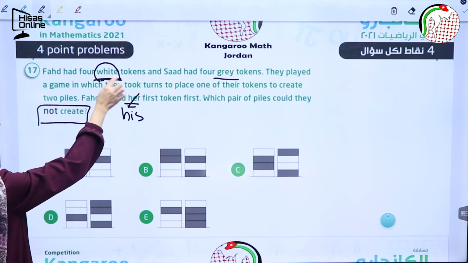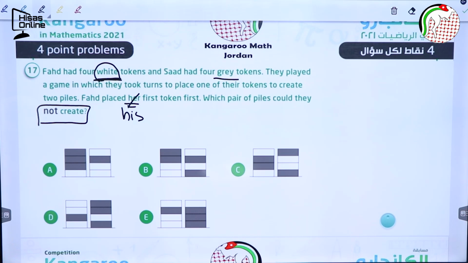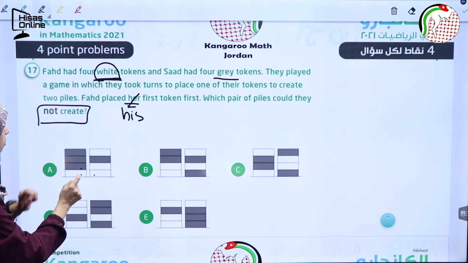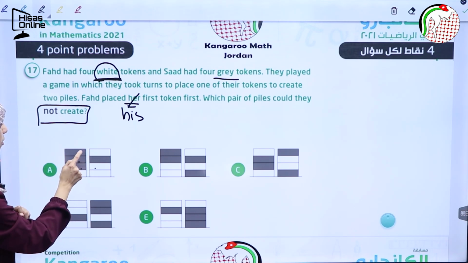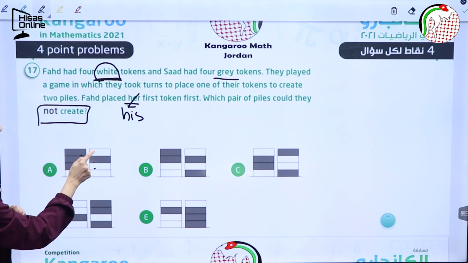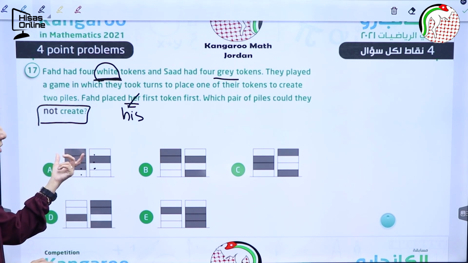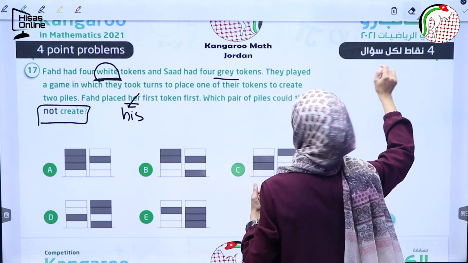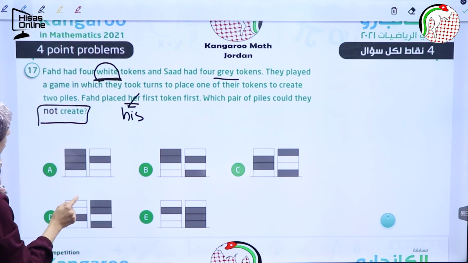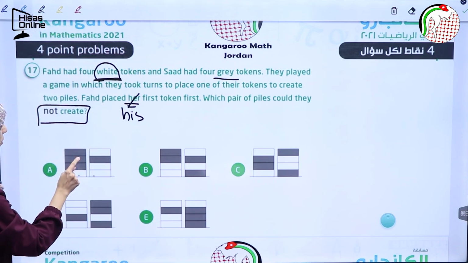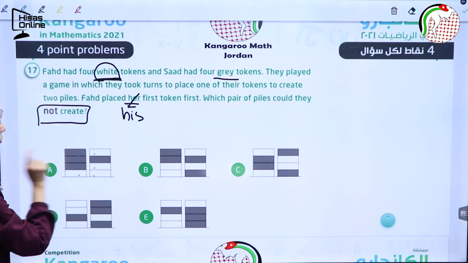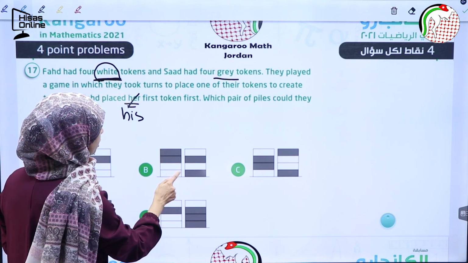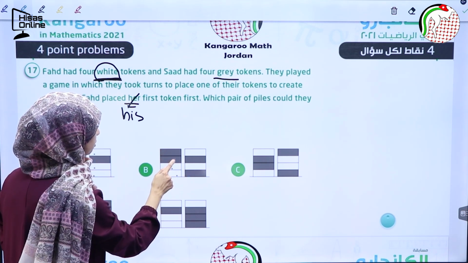We said that we need to start with the white token. So white, gray, white, gray, white, gray, white, gray. So this is possible. Let's move to B. White, gray, white, gray, white, gray.